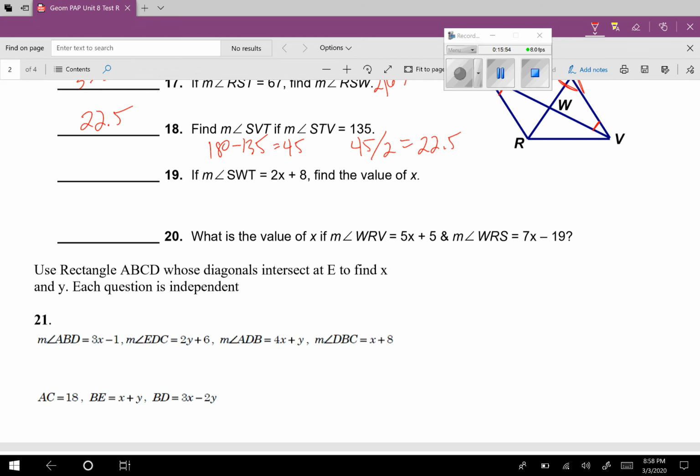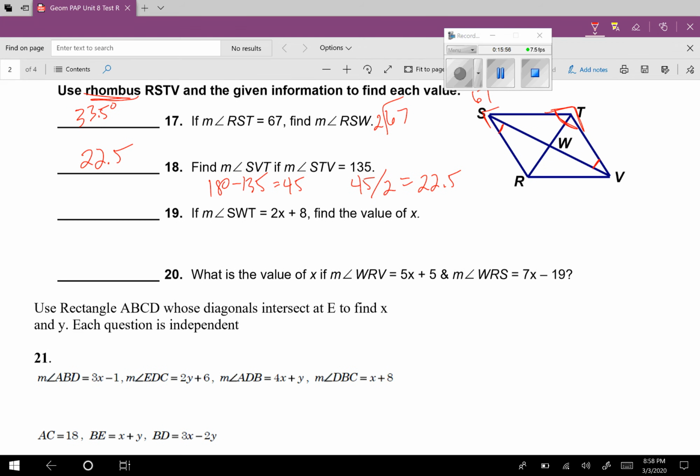Okay, on this one, the measure of angle SWT. Well, guys, on a square, remember these are all 90 here. So you should set this equal to 90. What is the value of x if WRV is 5x plus 5 and WRS is 7x minus 19?